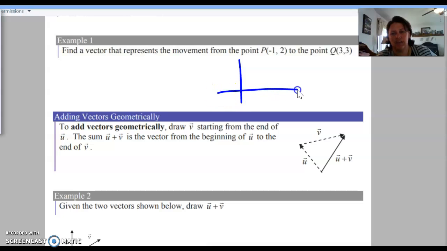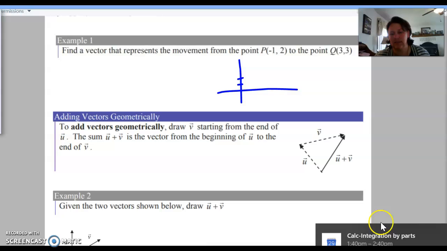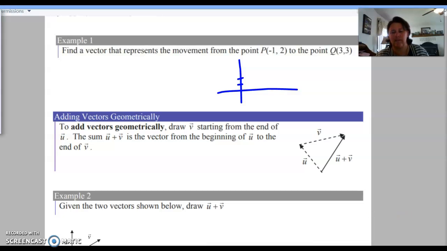So we've got the point P, -1, 2. So the point -1, 2, and we're moving to the point 3, 3. And so we've got this vector here, and we could call that vector PQ.